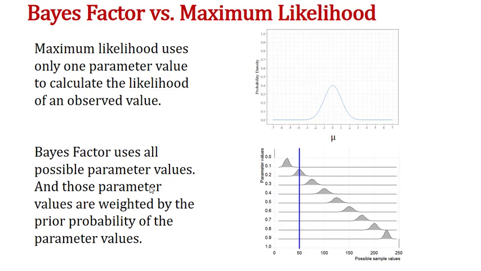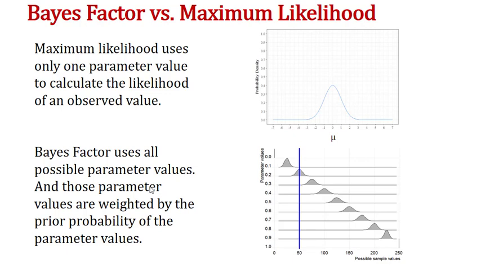Instead of using one value of the parameter of interest, we use all possible parameter values, because remember that the first step of the Bayesian approach is to assign a prior distribution to possible parameter values. So instead of saying, okay, this is the best parameter value and let's see how good that model is, the model assigns a prior distribution.